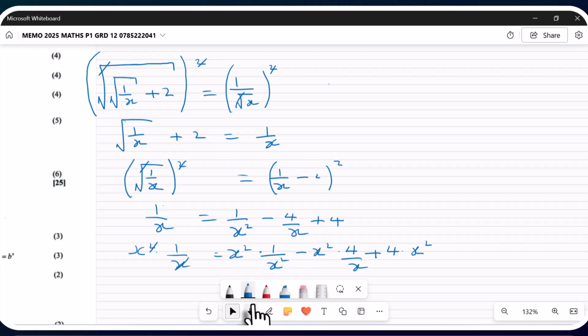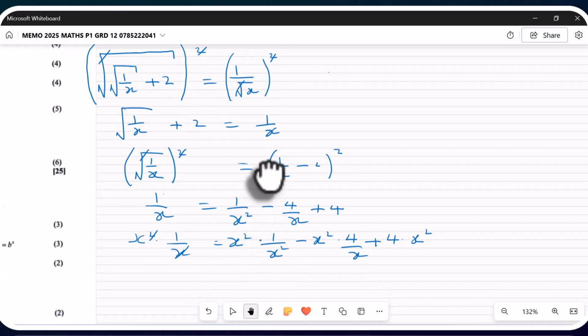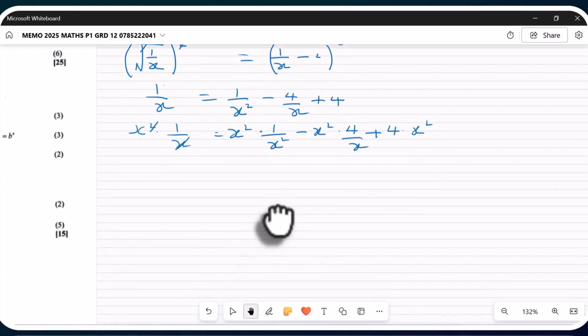What about here? I cancel the x with the x squared, so I now have minus 4x, then plus 4x squared. So I say 0 equals 4x squared.